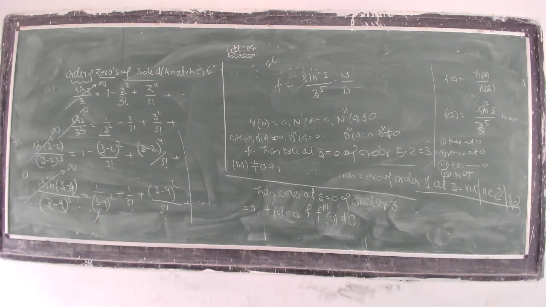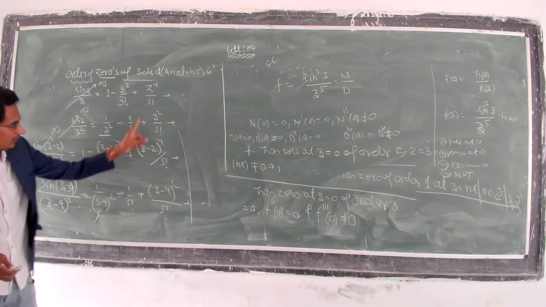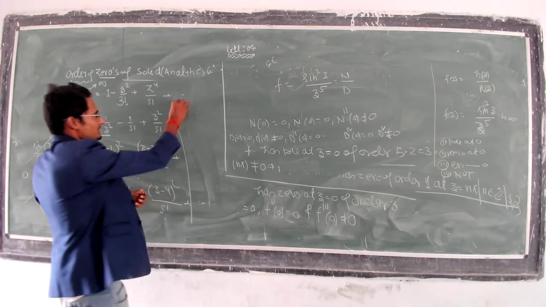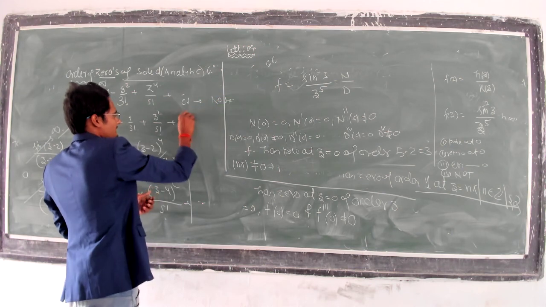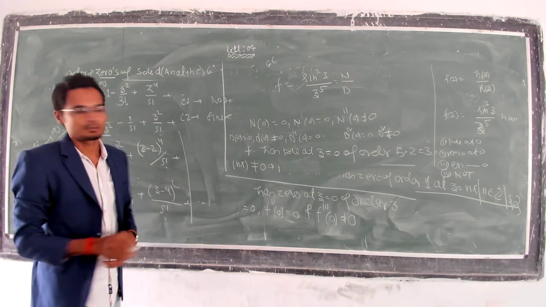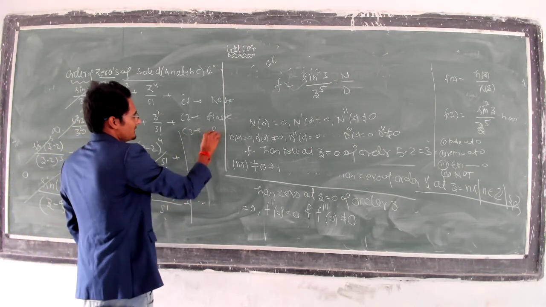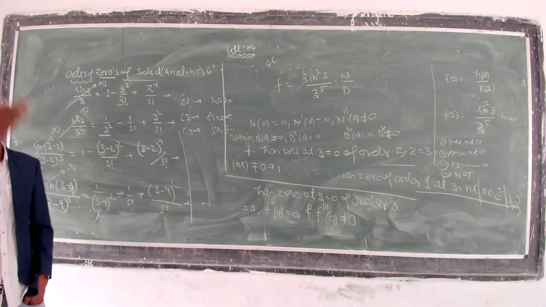In the next class, we will do the expansion and find out how many terms of the function tend to infinity. So there will be three cases. Case 1: there will be no such term. Case 2: finite terms, maybe one or two terms. Case 3: infinite terms.